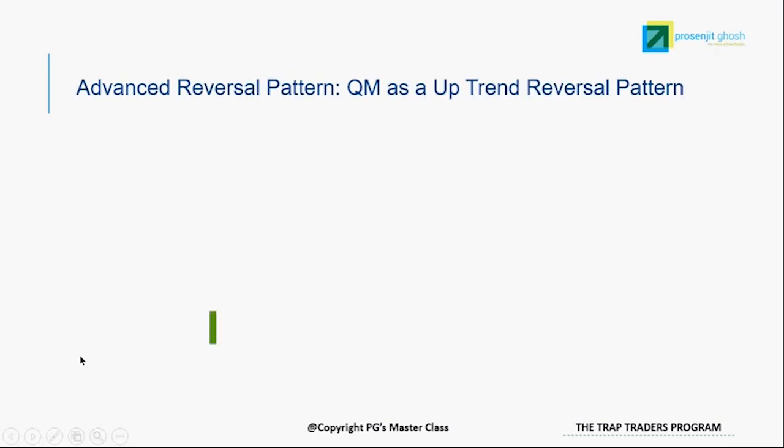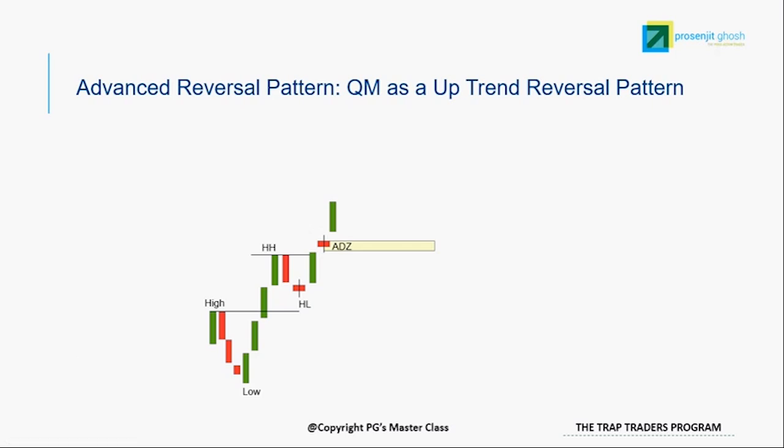Okay, so here price is moving up, creating a high, a low, breaks the high, creates a higher high, comes down, creates a higher low, creates an authentic demand zone. Price moves up. So this is an uptrend, right? A supply QM forms in an uptrend. So after a rally, you can expect a supply QM. Price has moved up, created an authentic zone.